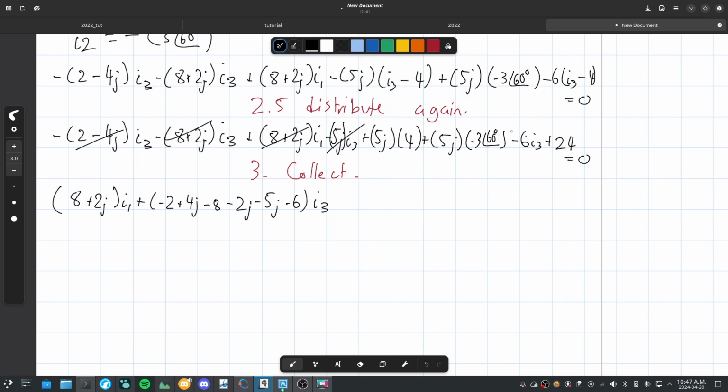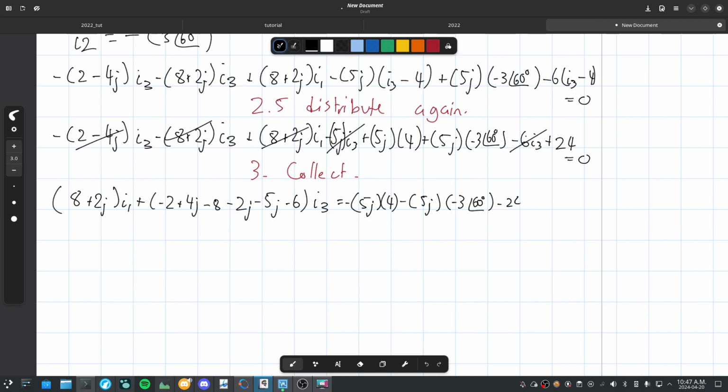And now all of the constants, that's everything that's remaining, goes to the right side. So that's going to be negative 5j times 4, plus, or this is going to be negative 5j, negative 3 with a phasor of 60 degrees. That's taken.